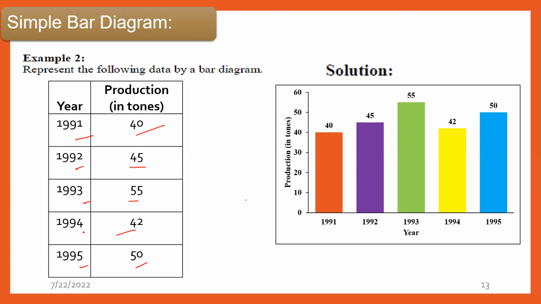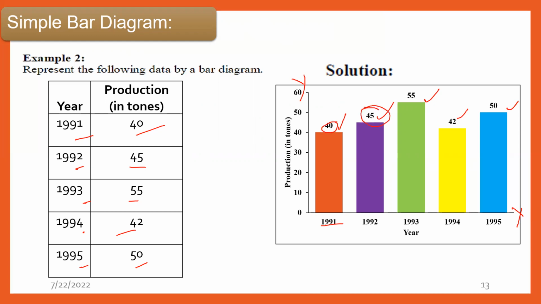These data we can put in the Excel file, and on the x-axis we can put the year, and on the y-axis we can put the production. For each year we get a different bar. See, each color is different, representing a different year, and this value represents the frequency for that year.